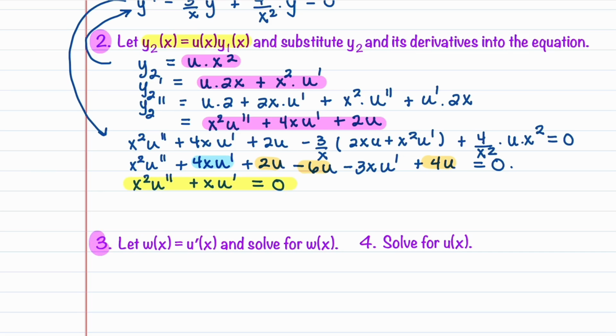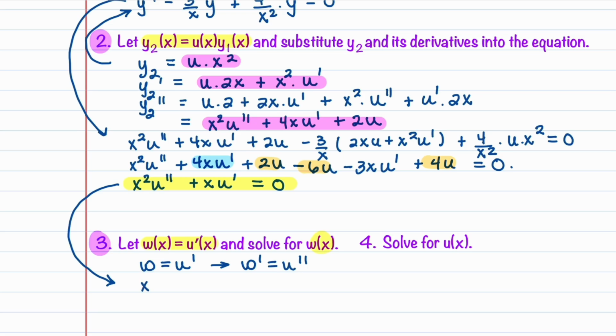That next step is that we are going to make another substitution. We're going to let w equal u prime of x, and then we're going to solve for w. Let's write this down. We have w is equal to u prime, and that means that w prime is u double prime. Now we're going to take the equation that we got in step 2, and we're going to substitute in w and w prime.